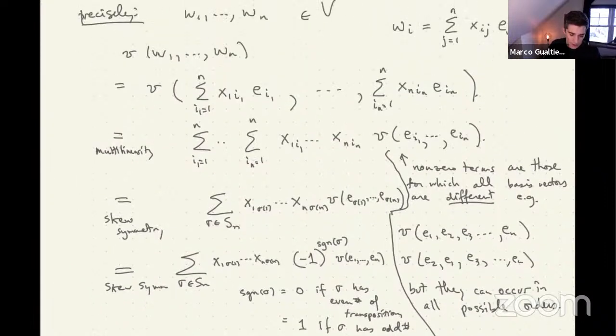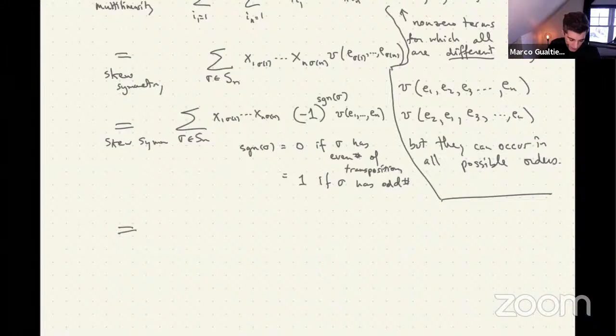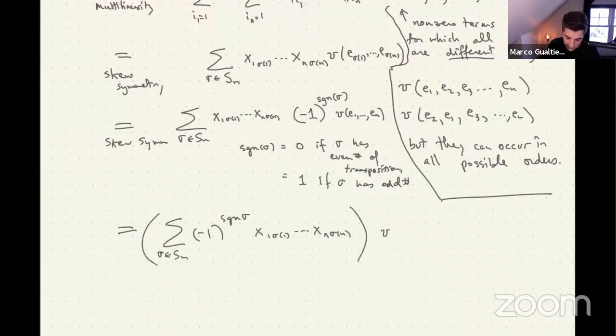point, that you see that the volume of an arbitrary list of vectors is a fixed quantity. So let me just emphasize this. It's a fixed quantity times the value of the volume on a basis.